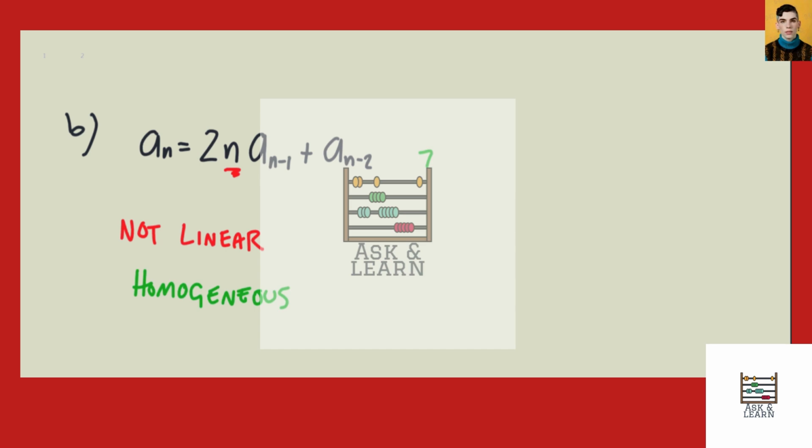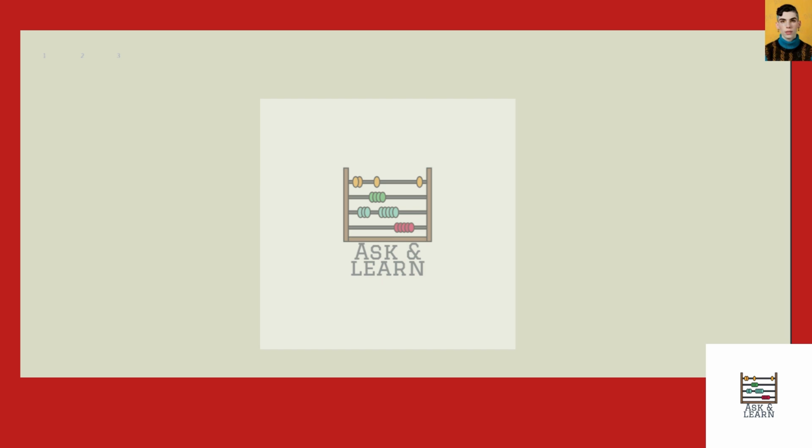Okay, so now we will move on to the next one here, letter C. And in this case, a_n is equal to a_{n-1} plus a_{n-4}. In this case, it is linear. And this is because each of the terms are only being multiplied by constants, in this case 1.